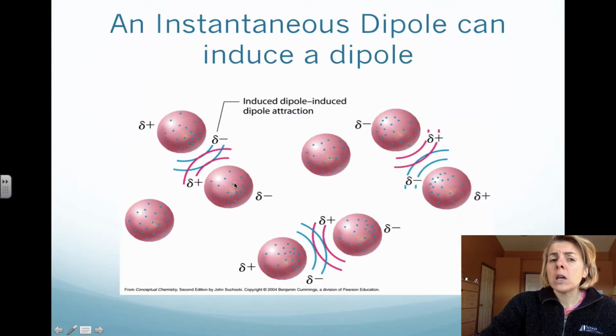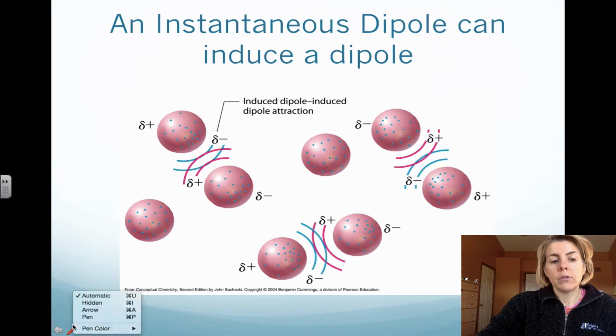What does this mean? Well, one element or molecule can actually induce or force another atom or molecule to have the same kind of arrangement. So notice that this electron density over here forces this other atom or molecule to push its electrons on the opposite side. So this is what we call an induced dipole.